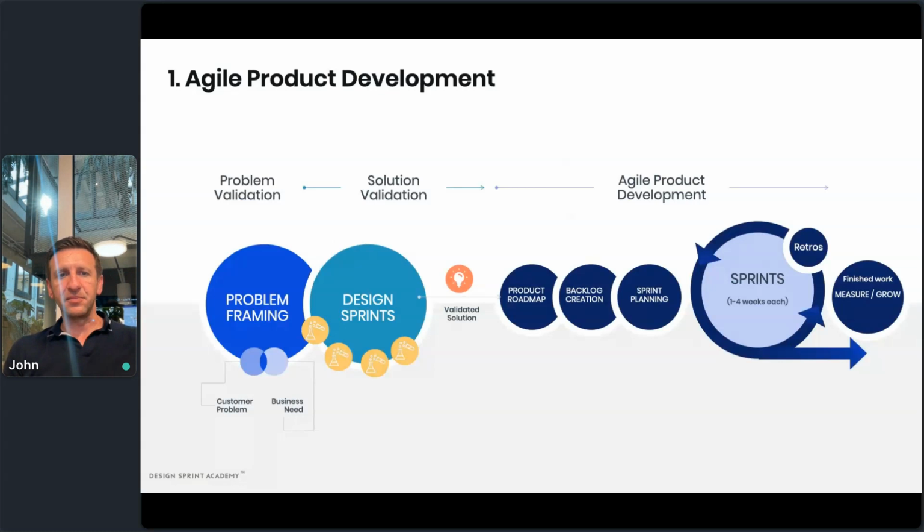You have your key stakeholders in problem framing, then you have a cross-functional team in design sprints, and finally you can send things to your implementation, execution teams. So that's one way of doing it. And the beauty of this is it's plug and play. You don't need to change how you do things. Everything that you see in dark blue is how you currently do things, how you build them. You don't need to change them. Design sprints and problem framing are plug and play. You can use them when needed to make decisions or validate some solutions.